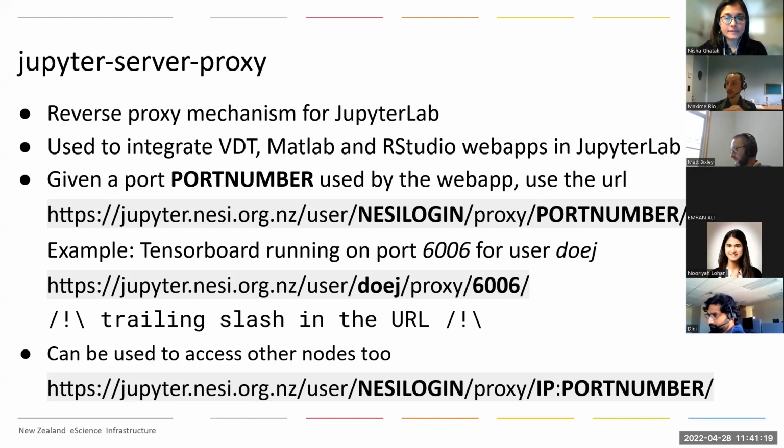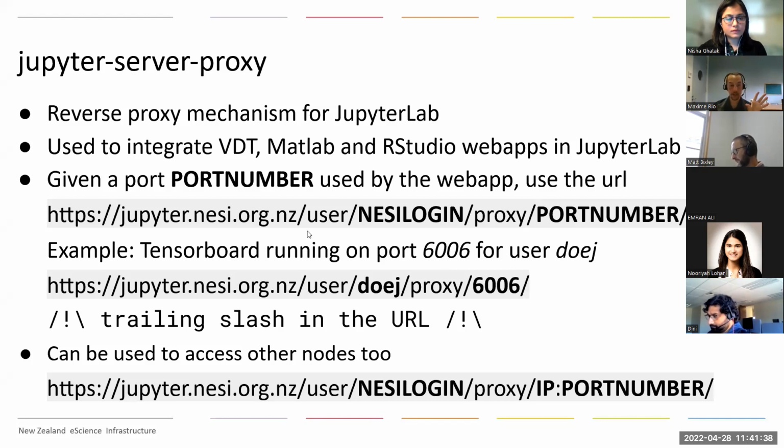It's interesting to know that this is actually the piece of software we use to deploy the virtual desktop, MATLAB and the RStudio web apps on top of JupyterLab. So that's what we're using under the hood for this one. But from a user perspective, you can use it with any web app.